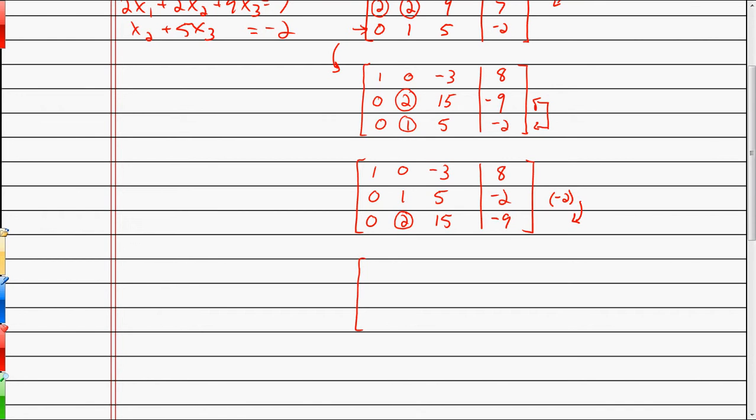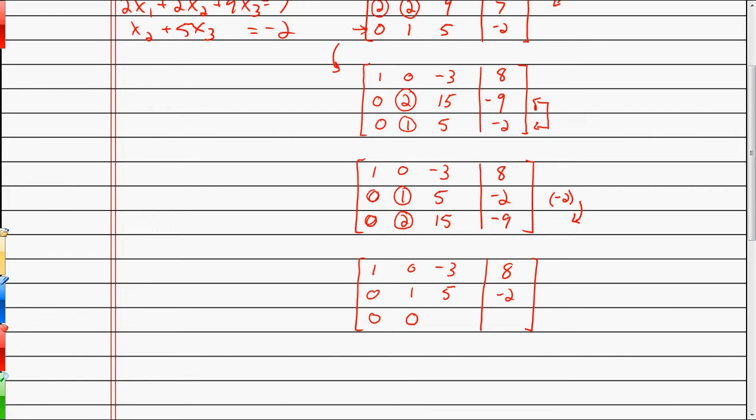So notice the first row nothing happens to, so I just rewrite that. I'm not doing anything to the second row either. And now this is where things change. I'm going to take negative 2 times 1 is negative 2 plus 2 is 0. And by the way, when I take negative 2 times 0, add it to 0, I still have 0 here.